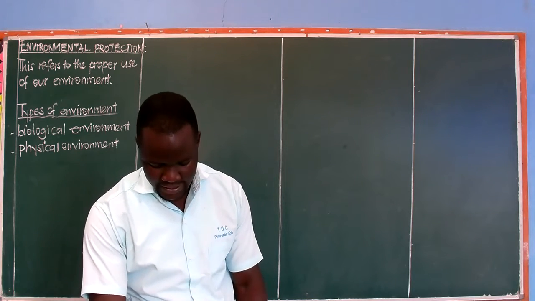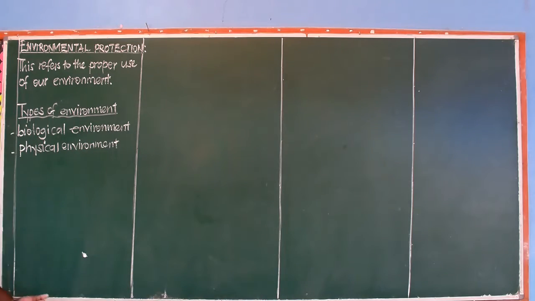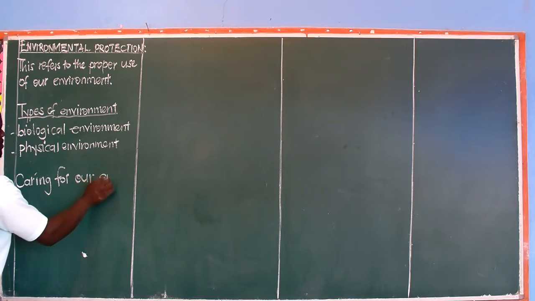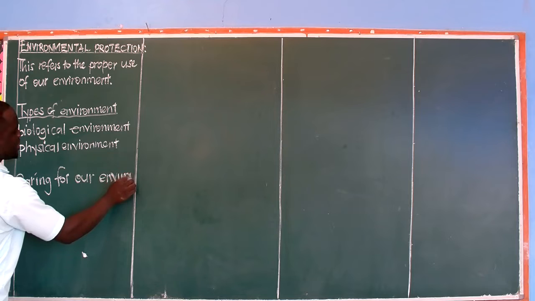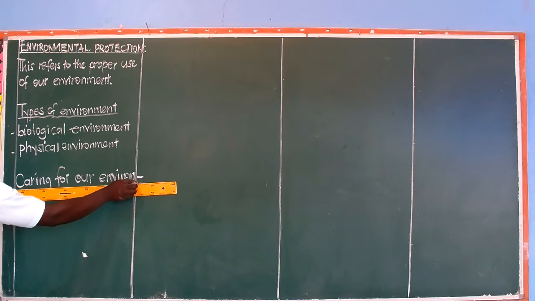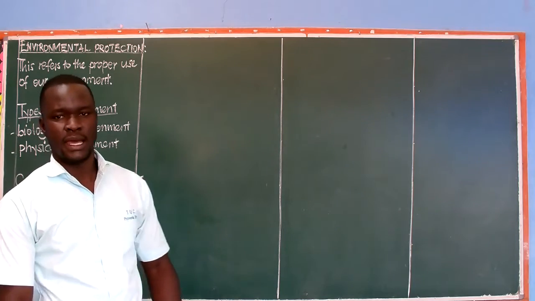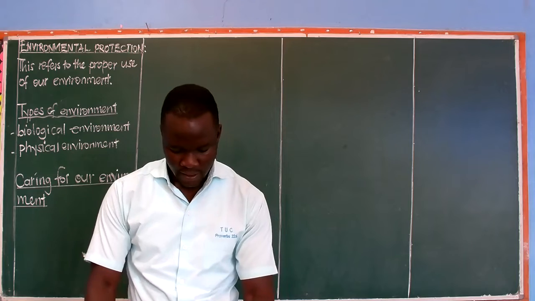Pages 82 and 83 give us how to care for the environment. That is caring for our environment. How do we care for our environment as semi-candidates?